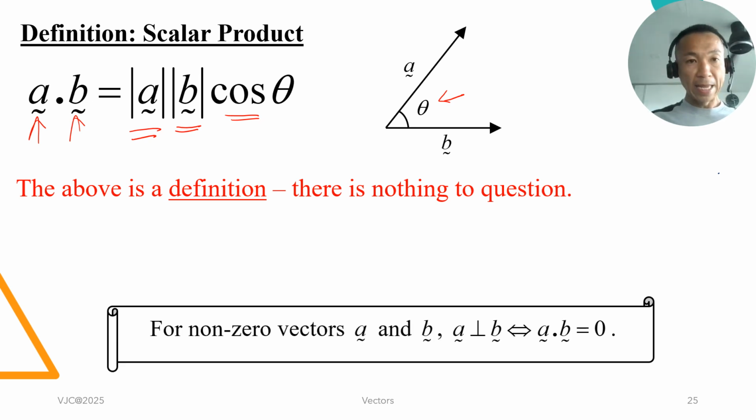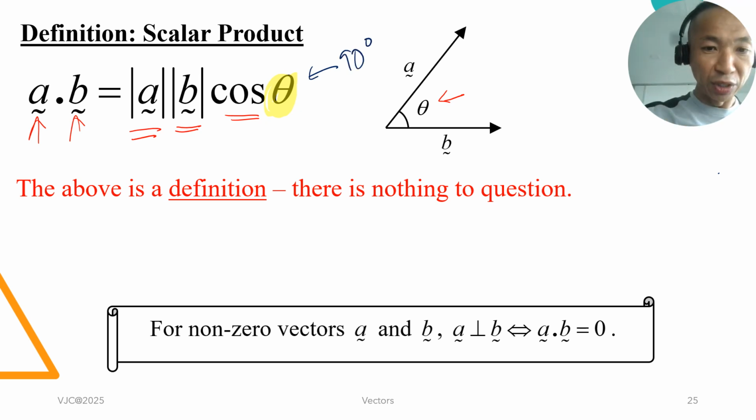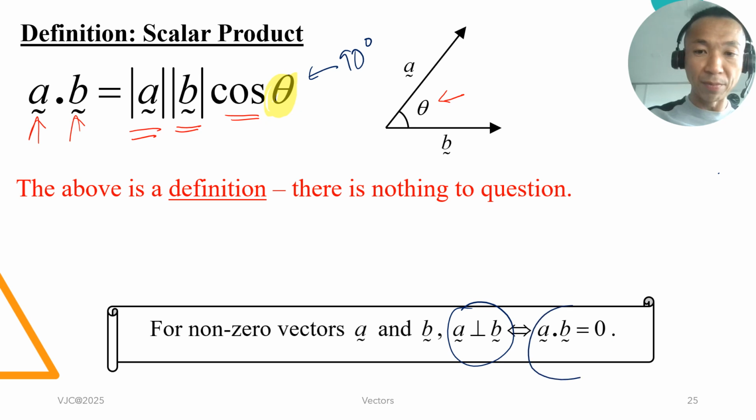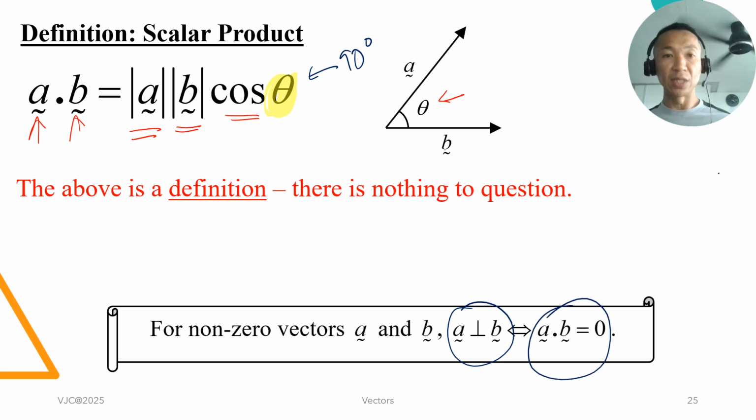Now, if I have two vectors A and B, a very useful thing about this definition is this. If theta happens to be 90 degrees, which means A and B are perpendicular, then surely cosine 90 is 0, which means A dot B is equal to 0.